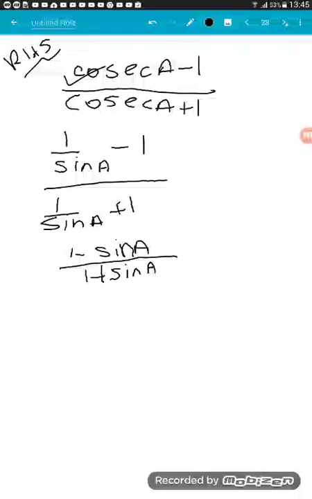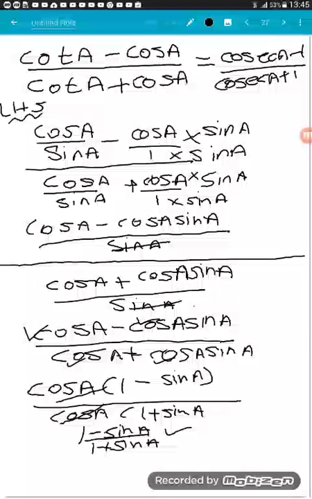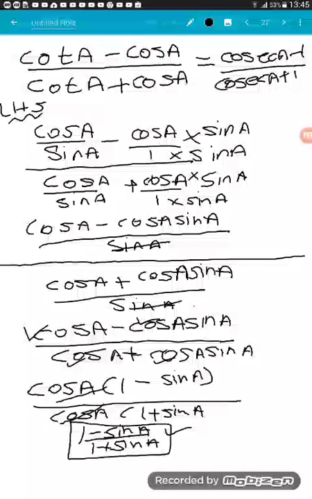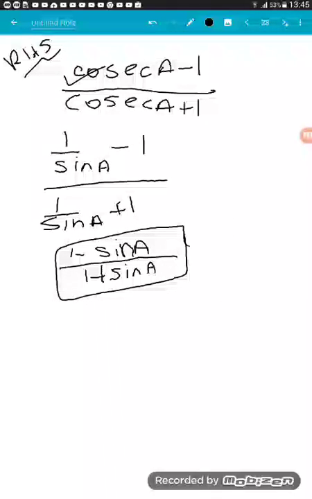So now we can see that on substituting and doing RHS, we got 1 minus sin A by 1 plus sin A, and here also we can see 1 minus sin A by 1 plus sin A. That means both are equal.